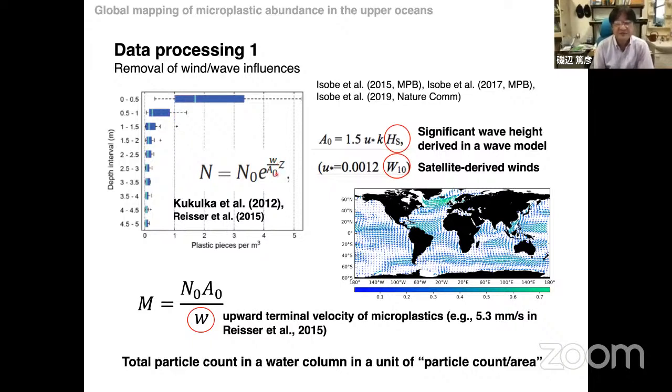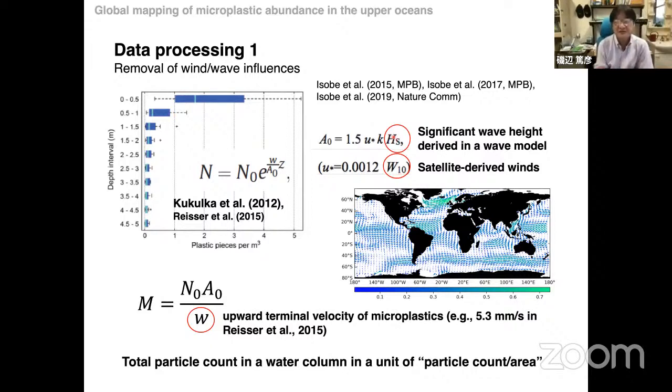And A0 means the vertical diffusivity, which is computed from k, the von Karman constant, and Hs, the significant wave height. And we also need the frictional velocity, computed by using the wind speed. In this study, we use satellite-derived winds at the date and location where and when the observation was conducted.